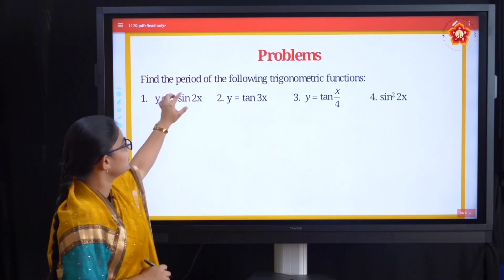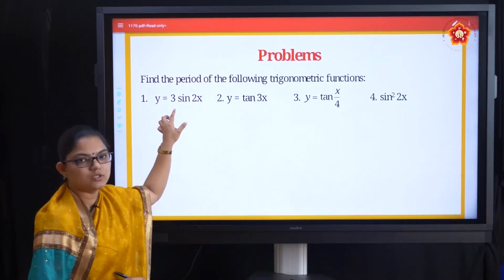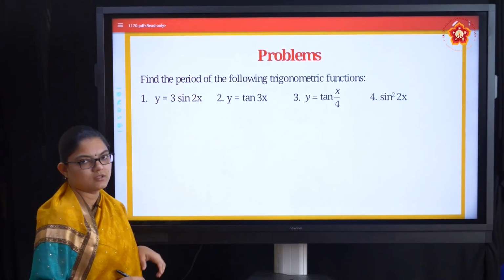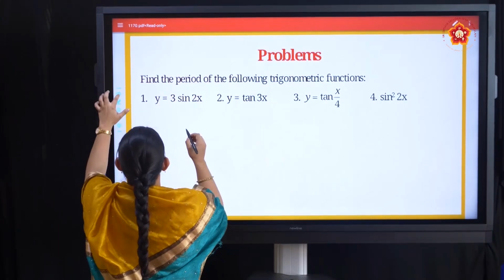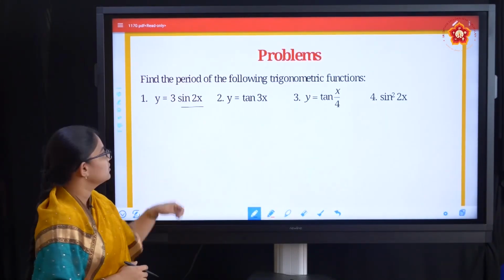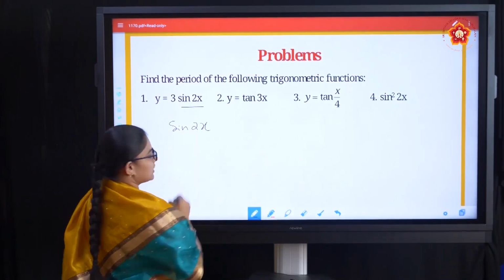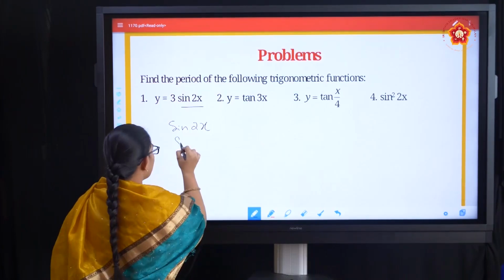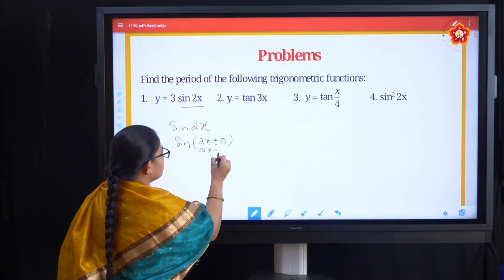Find the period of the following trigonometric functions, where the first one we have y is equal to 3 sin 2x. Now the period of this particular function is depending on the period of sin 2x, right? So we have to find the period of sin 2x. Now this is of the form sin(ax + b), here sin(2x + 0).